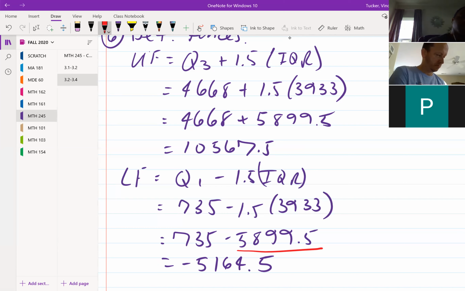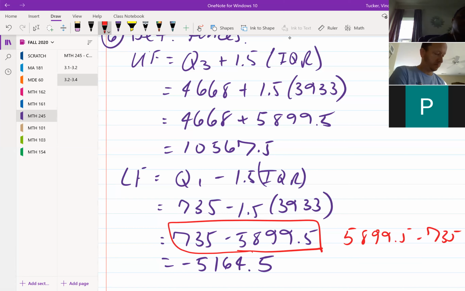Okay. So if you do 1.5 times 3933, you get 5899.5, right? Right. Now what you have to do is put it in the calculator in this order. If I put it in the calculator like this, I get 6,164.5, but no negative sign. Did you do 5899.5 minus 735? Yep, and that will give you a positive. You have to do 735 minus 5899.5. Yeah. All right.